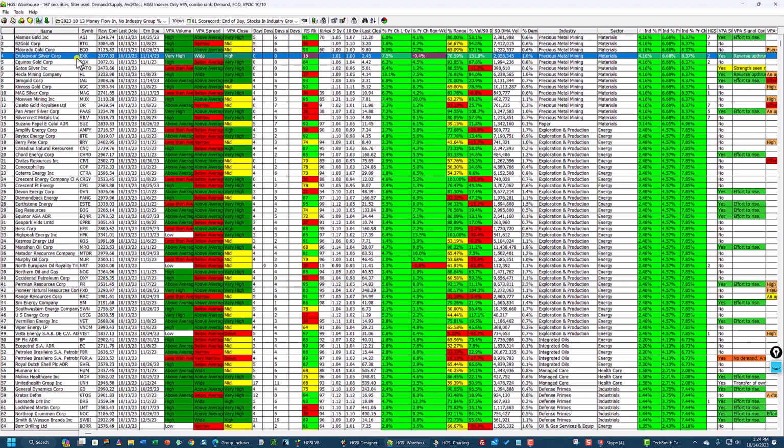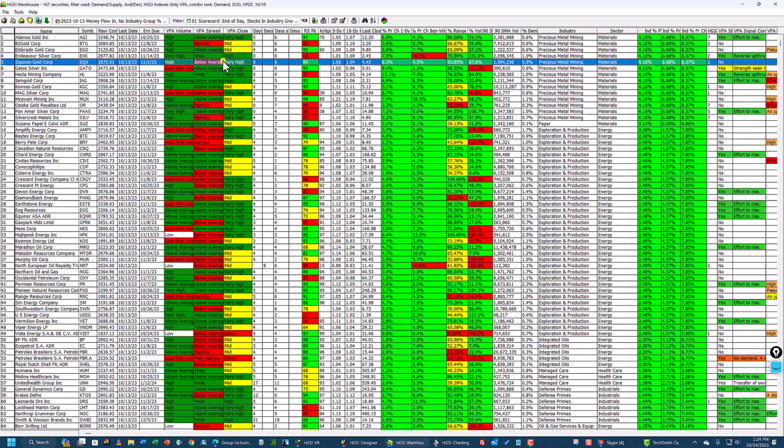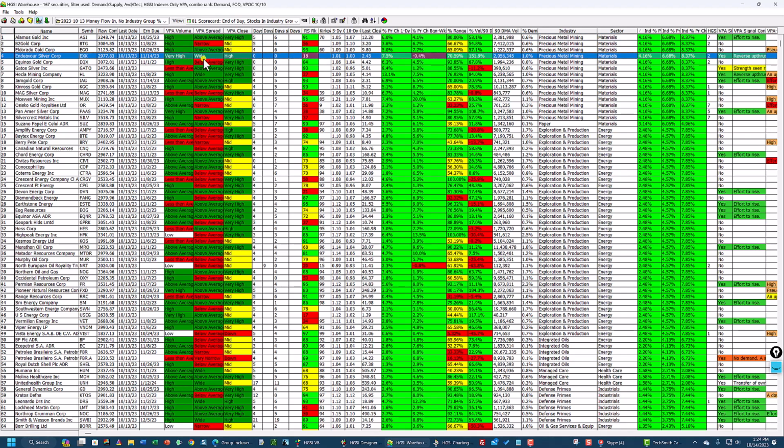Now you can see this one right here, Endeavor Silver Corporation, using my Wyckoff indicators, very high volume, widespread, high close, both crossed over. The 3 and the 6 were zeros. I haven't looked at this stock yet, but we're going to take a look at it.